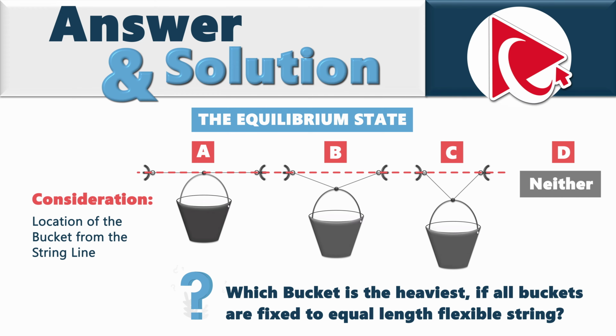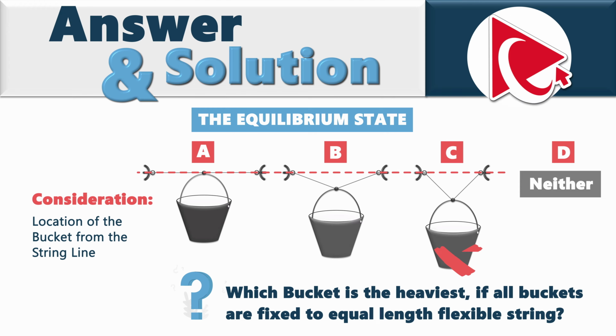As a result, the heavier bucket will cause more tension in the string, causing it to sag lower compared to the lighter buckets. This visual cue of the lower position of bucket C can give you an impression that bucket C is heavier, even though it may or may not be the case in reality.